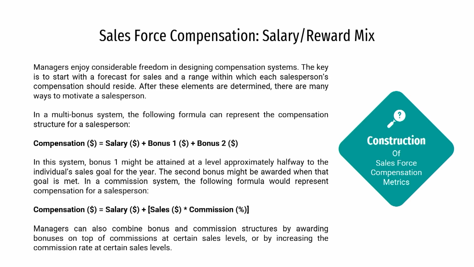Let us say 10 lakhs is your target; if you achieve anything beyond 12 lakhs, you will be given a bonus of 50,000 rupees, and let us say above 15 lakhs, whatever you achieve, 20% of the sales will be given to you as a bonus, commission, right. In this way the compensation system might work. Remember that different organizations will have different compensation systems based on their own requirements, based on their customized needs.